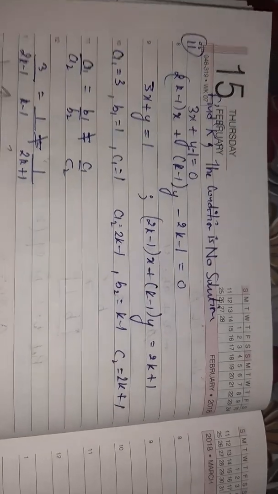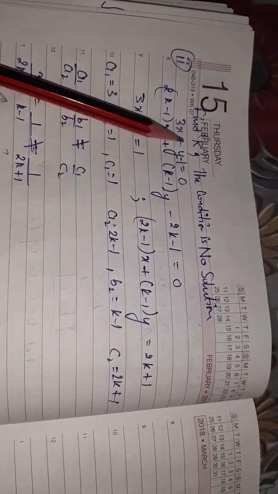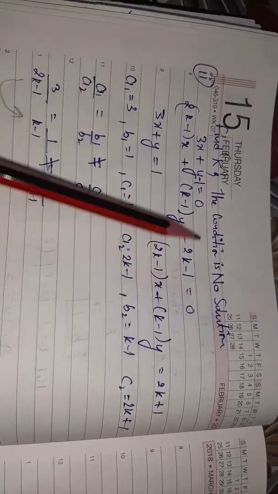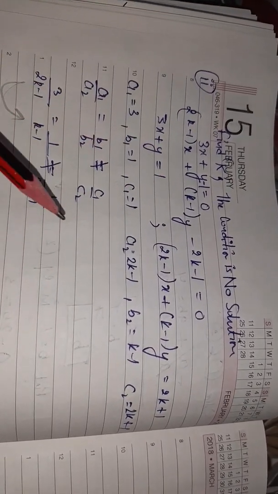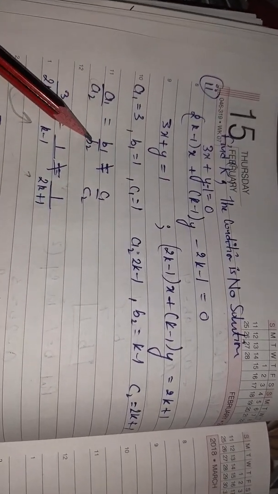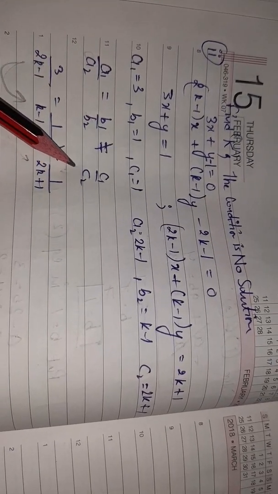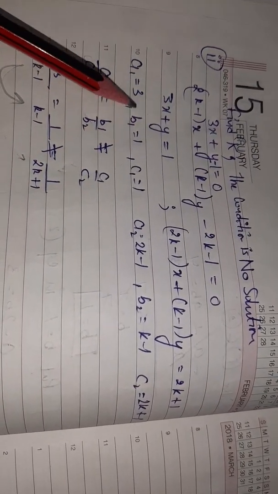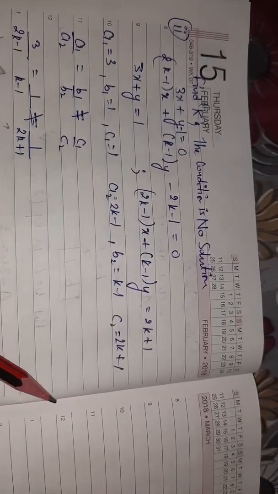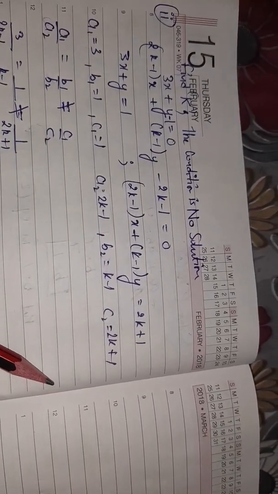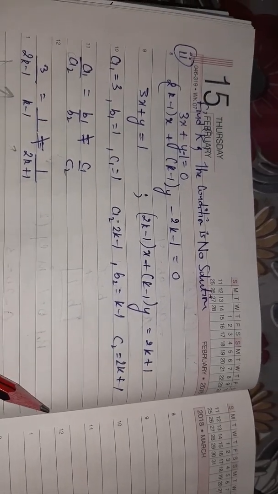Now the second part of this question, we have to find the value of k and the condition is no solution. I know the no solution condition is a1 upon a2 is equal to b1 upon b2 is not equal to c1 upon c2. I have found a1, b1, c1, a2, b2, c2. Yes or no?